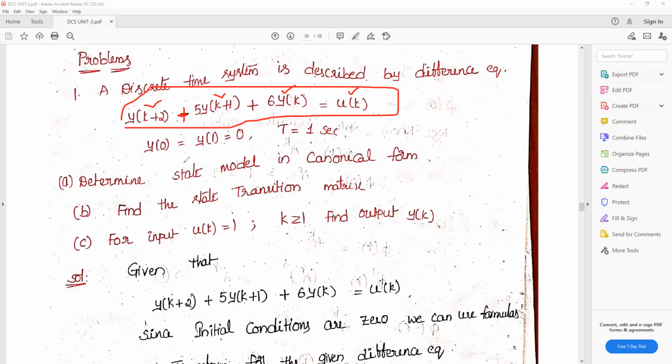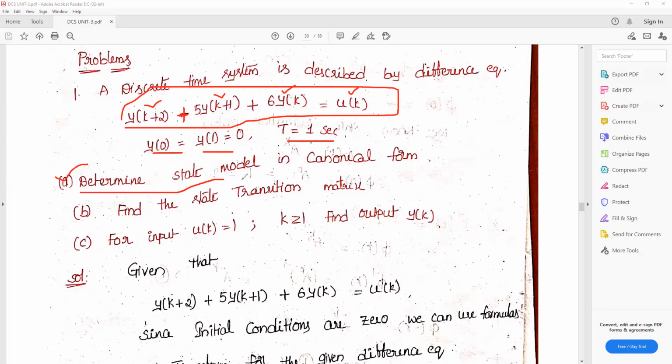And the initial conditions are y of 0 equal to 0, y of 1 equal to 0. So, calculate three things. First, determine the state model in canonical form.